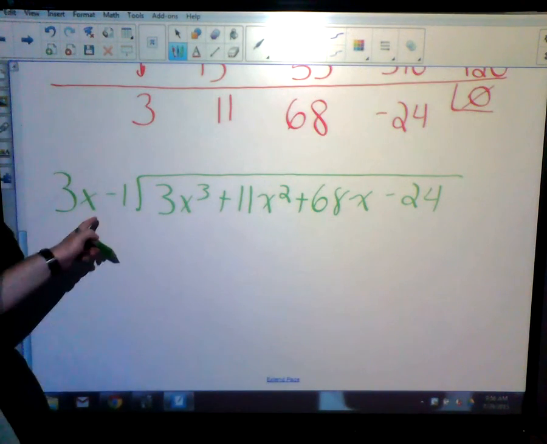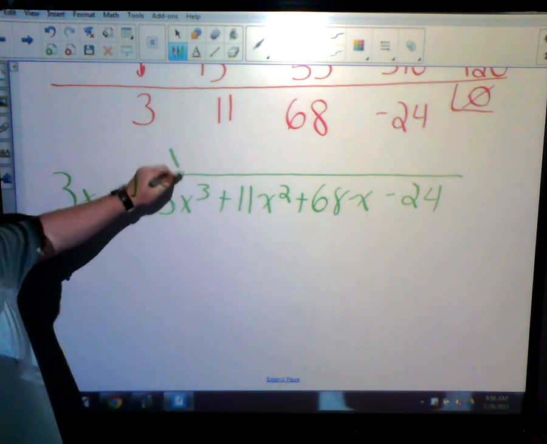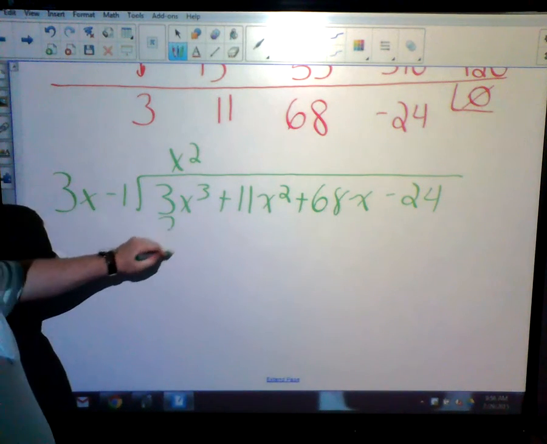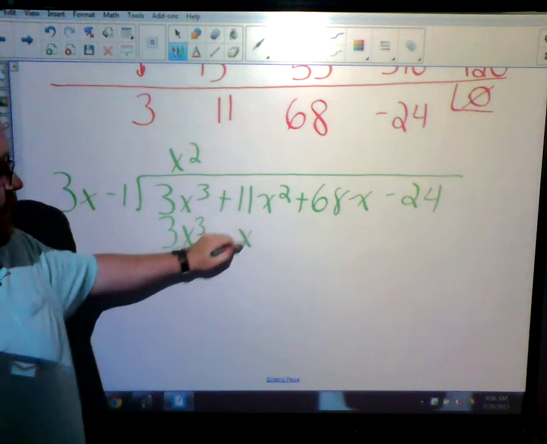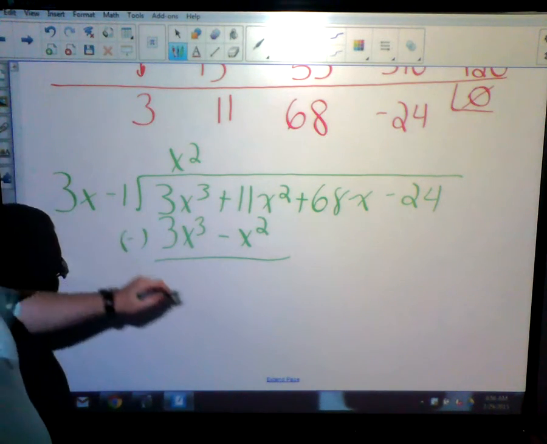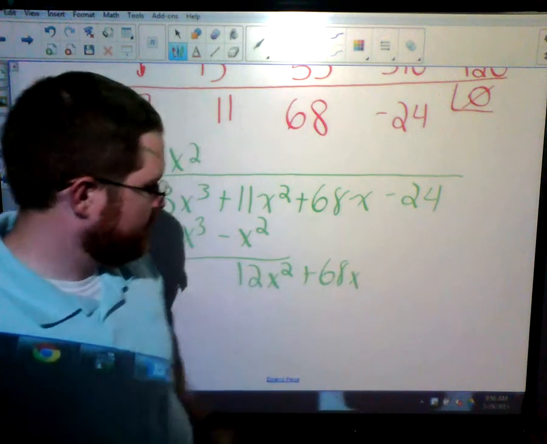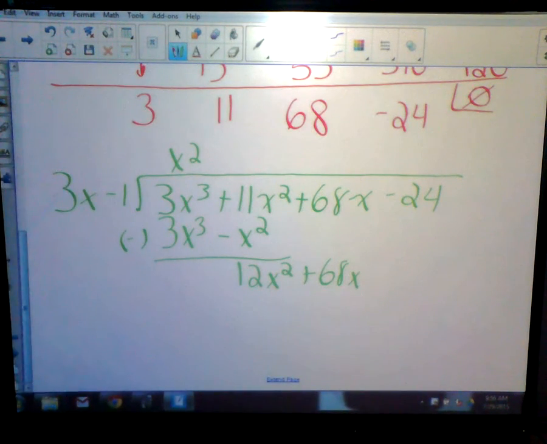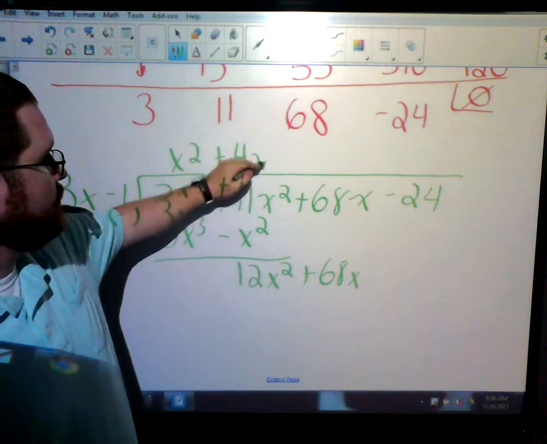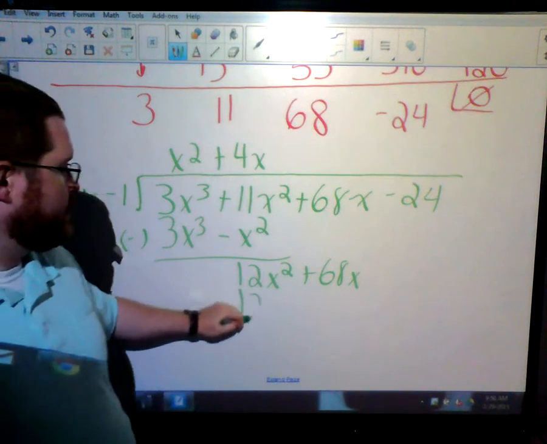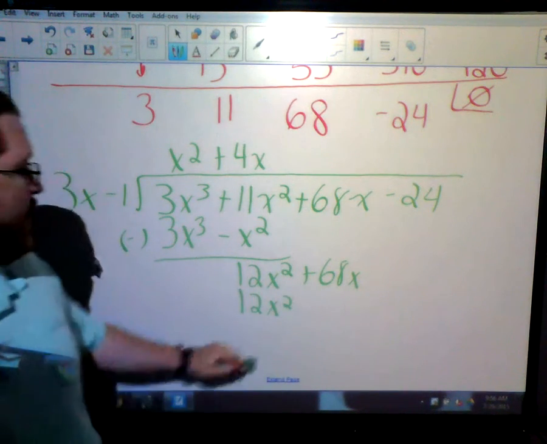Long division. 3x into 3x cubed is x squared. Multiply. With this, we subtract straight down. That'll give me 12x squared plus 68x. 3x into 12x squared is 4x. That's 12x squared minus 4x.